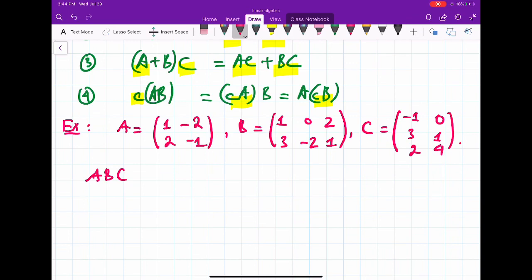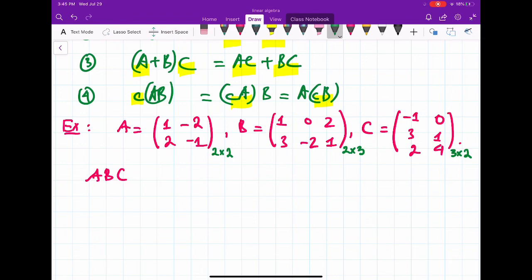But look at this. What is the size of A? A has 2 rows and 2 columns, so the size is 2 by 2. B has 2 rows and 3 columns, so 2 by 3. C has 3 rows and 2 columns, so 3 by 2.